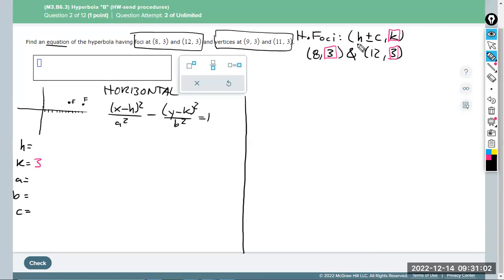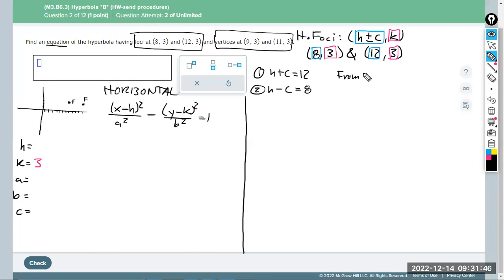And now for h plus c, if we use the plus sign, then it is the one that is bigger. So h plus c is 12 and h minus c is 8. You can try to solve this little system of equations mentally. I'm sure that you already have an idea of what is the value of h and c. But if you don't figure out the values, I suggest that you do a quick system of equations that goes like this.